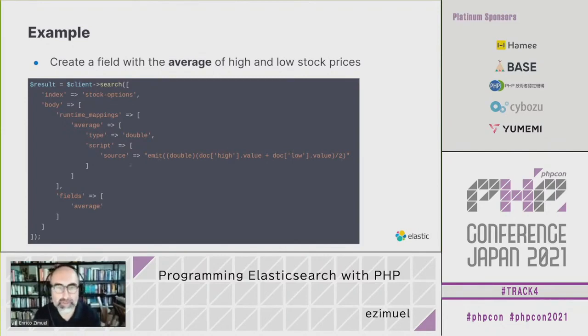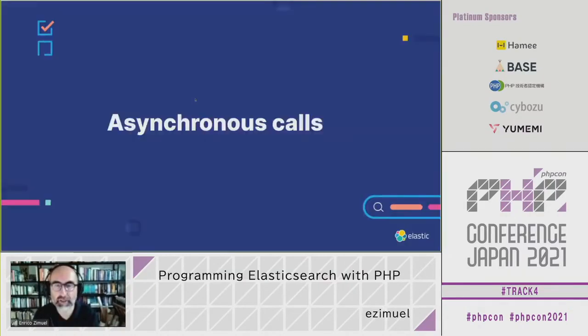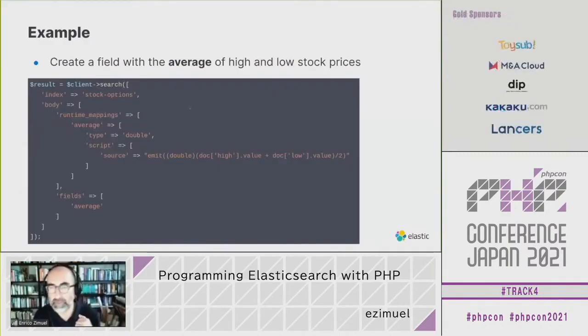So this is the average, and the name of the field is average again. If you send this parameter in the search, the response will contain the documents plus this average field that is calculated using this formula. And this can be useful in many use cases.